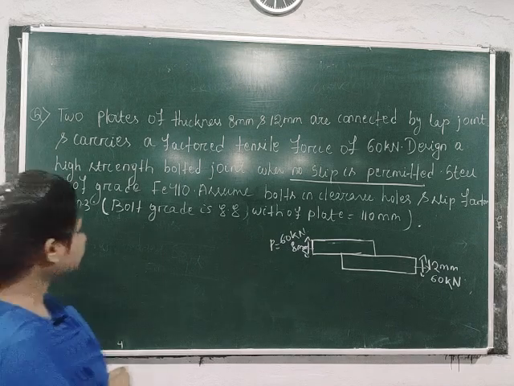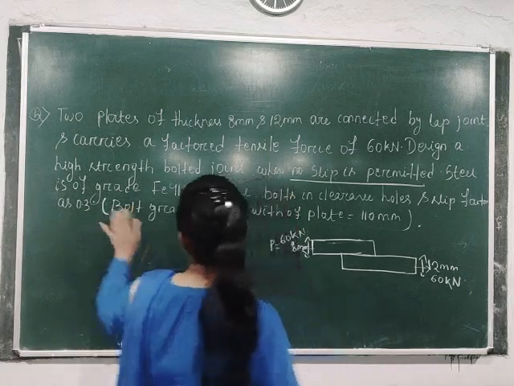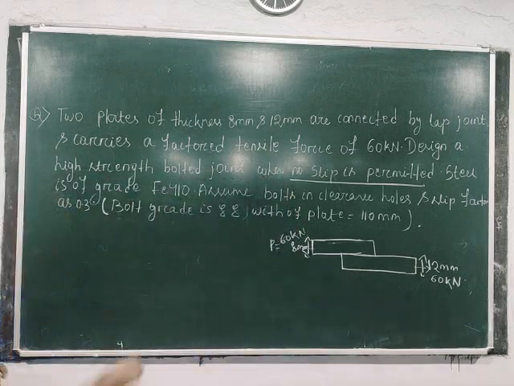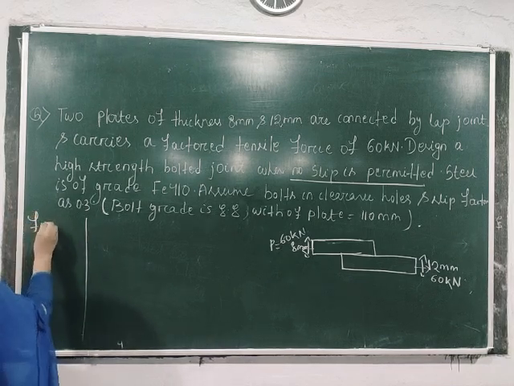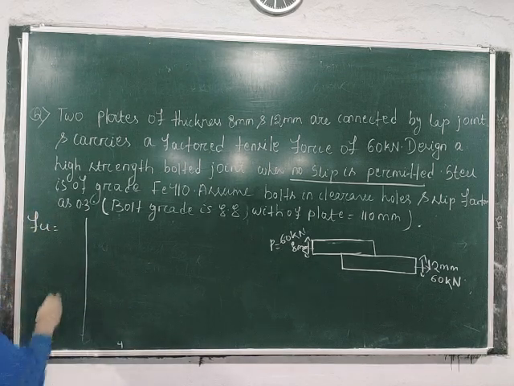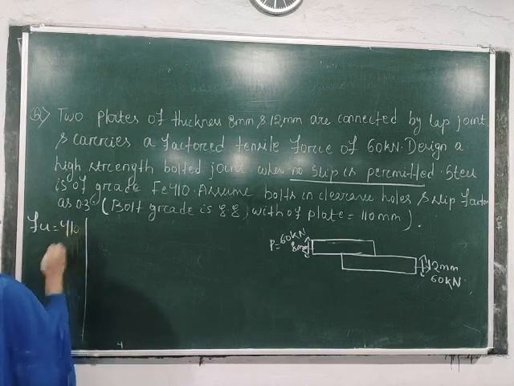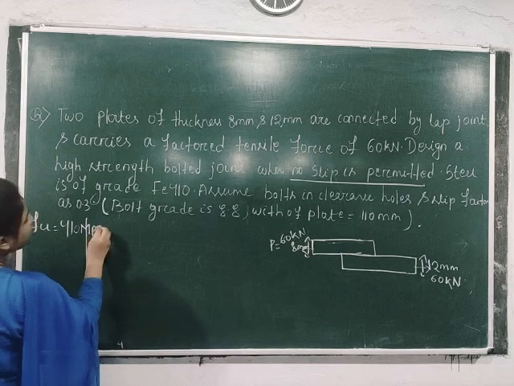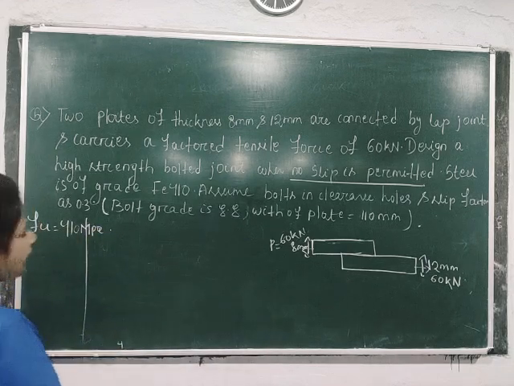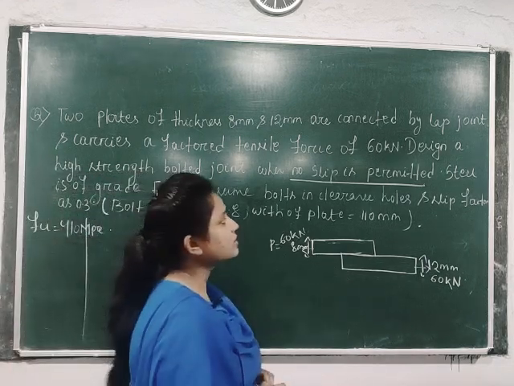The next thing is, steel is of grade Fe 410. So the ultimate tensile strength of the material or plate is given, that is 410 MPa or Newton per mm square. The next is, assume bolts in clearance holes.